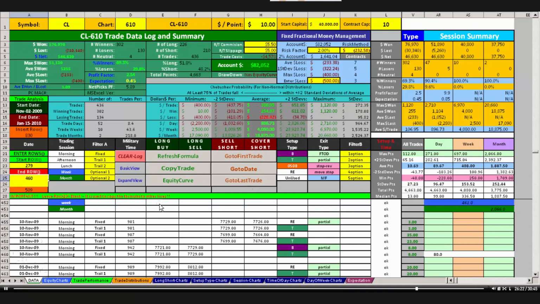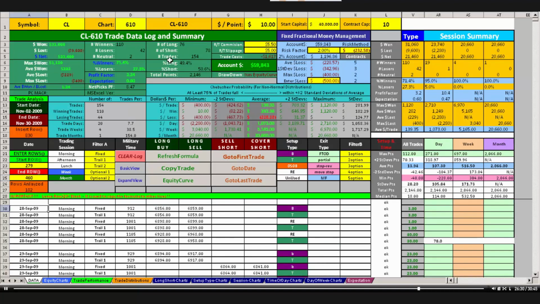All the statistics just updated. Let me go to the first trade just to get up to the top. Now what happened, and this is a great way to summarize this, is that there were 154 trades in November. We can see that number right here. 76 were long, 78 were short, great balance there. 110 were winners, 42 were losers for a 71% win ratio.